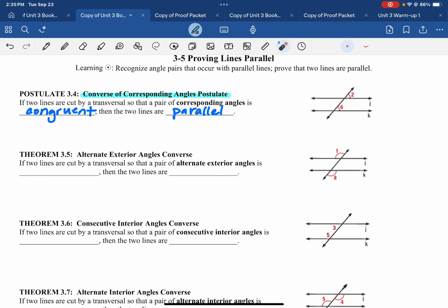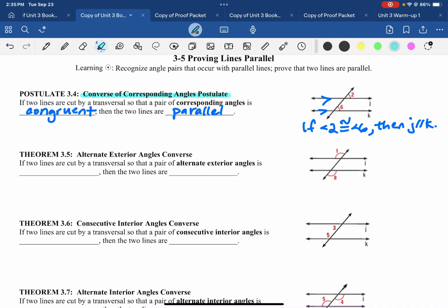So if the corresponding angles are congruent, then my lines have to be parallel, okay? It's like saying if angle 2 is congruent to angle 6, then line J is parallel to line K. That's how you would use it in a proof. If you're trying to prove lines are parallel in a proof, you would use the converse, okay?